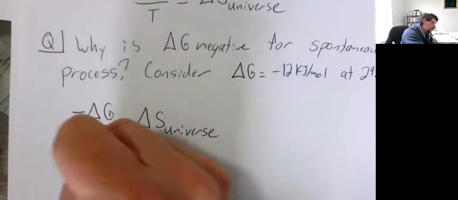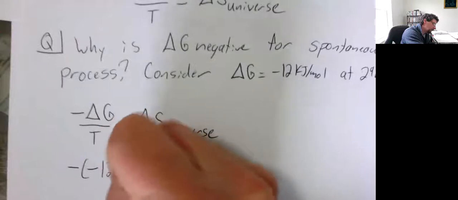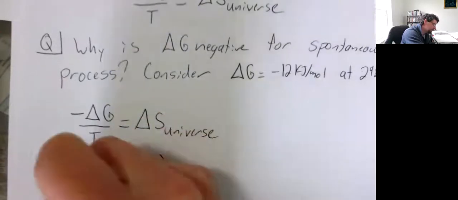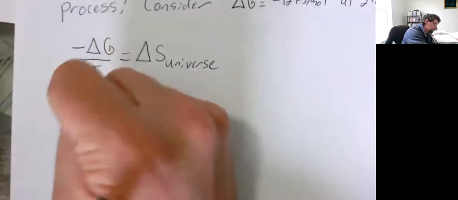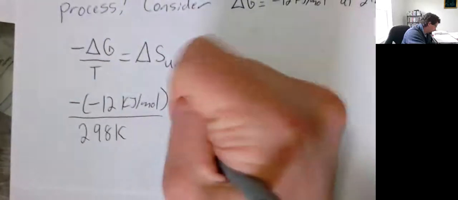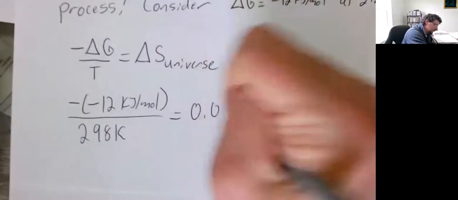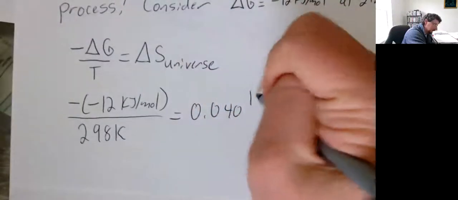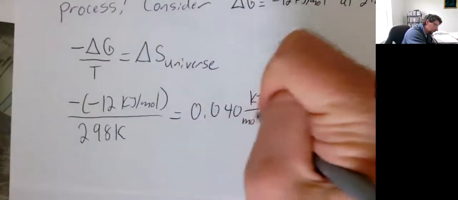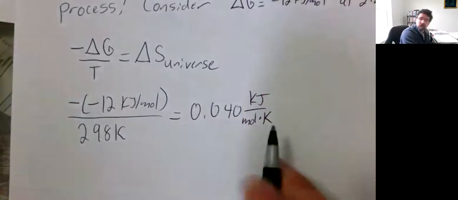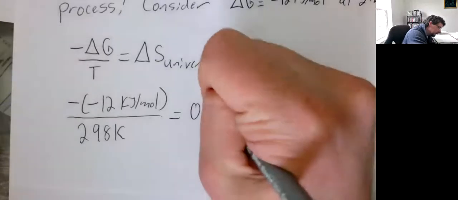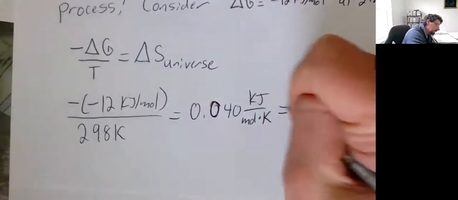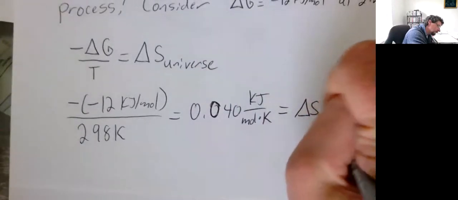We get negative 12 kilojoules per mole divided by our 298 K. The value we get is 0.040 kilojoules per mole times K, which is a unit of entropy. So in this case, we ended up with a positive value, S of universe.